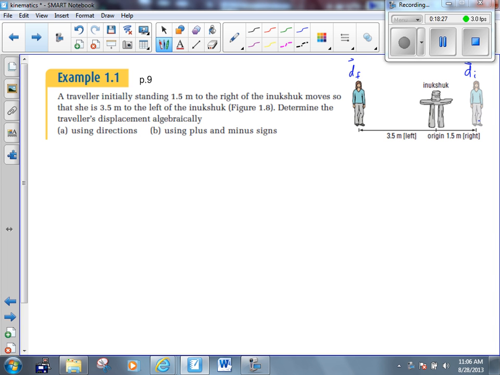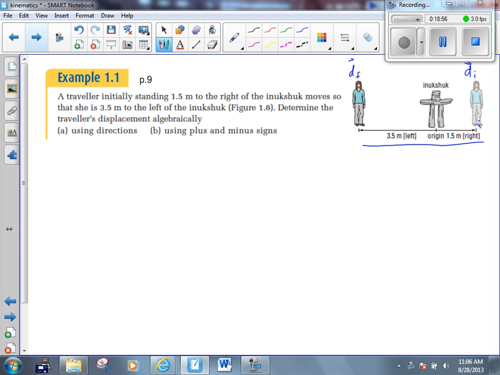It's just by looking at it and looking at the direction. Did she change direction? She stood here, right? And then she went over here. Did she change direction? No, so her displacement will be the same as the distance, right? Except that there'll be a direction with it. So it's going to be 5 meters to the left, right?